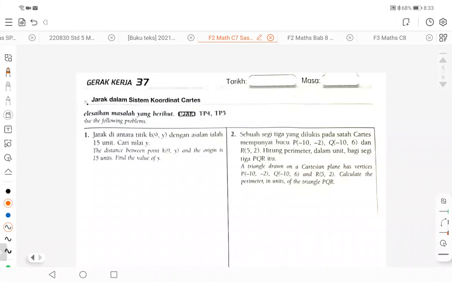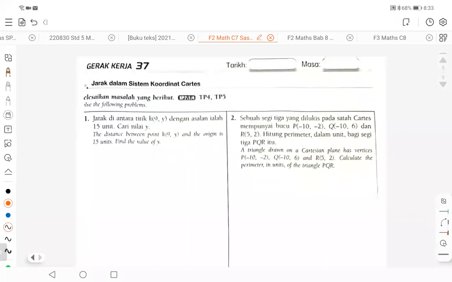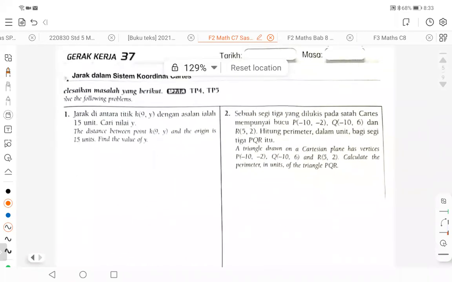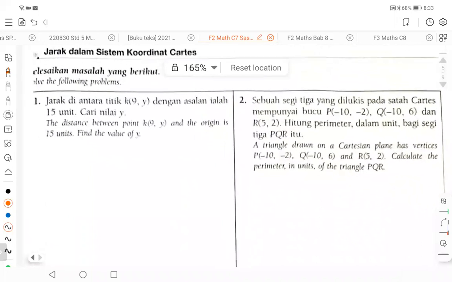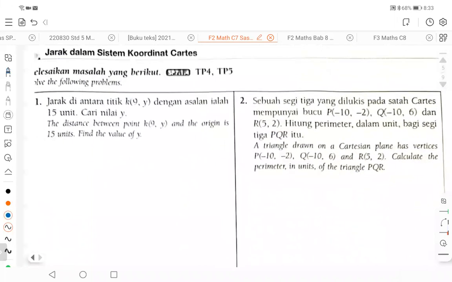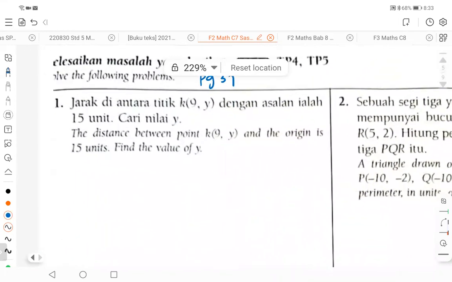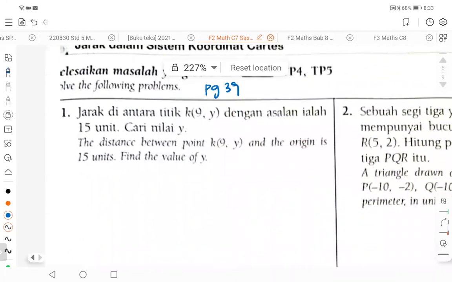So get your book ready. This one is page 39. Have you done? Oh, okay, done.